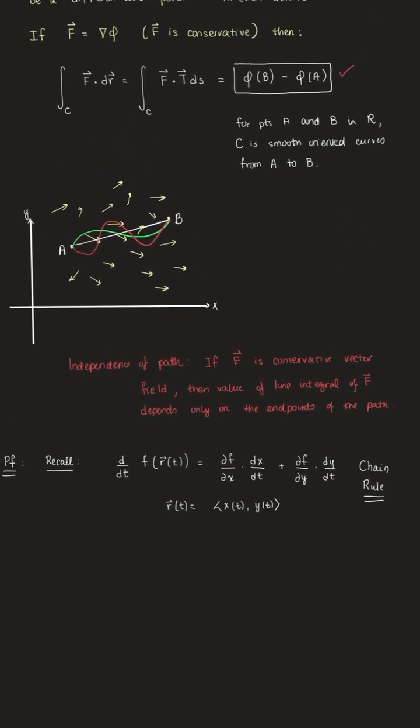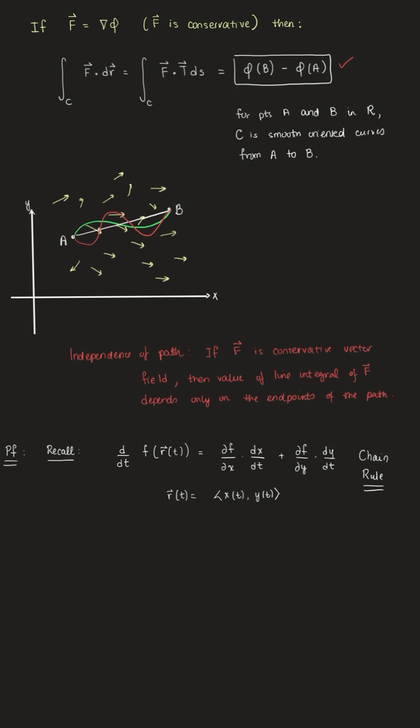All right, so let's write down our vector line integral over C of f dot dr. Now, if f is a conservative field, that means that I can actually write this as the gradient of phi dot dr. And that's the same thing as writing the integral from a to b of the gradient of phi, dotted with r prime of t dt.